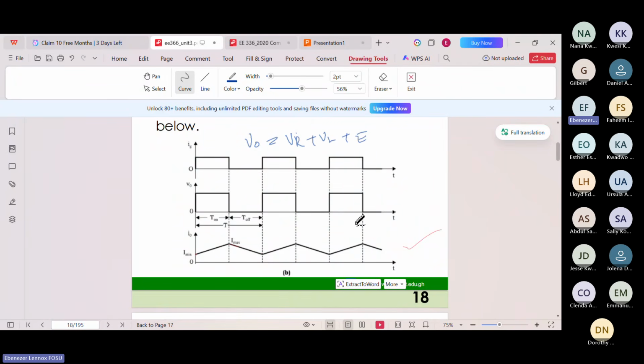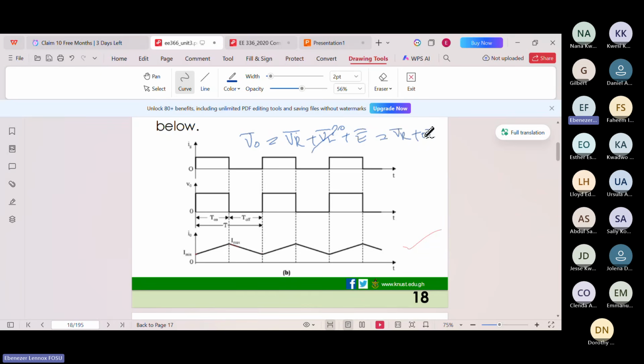We calculate the average of this. The average voltage of an inductor over a switching period is zero, so that goes to zero. So we have the average value to be VR plus E.